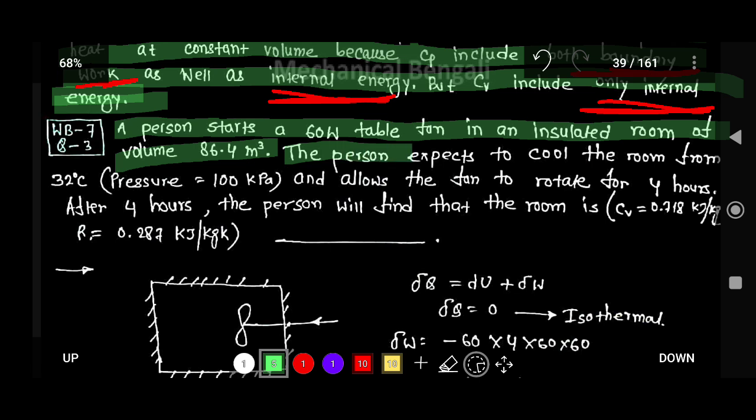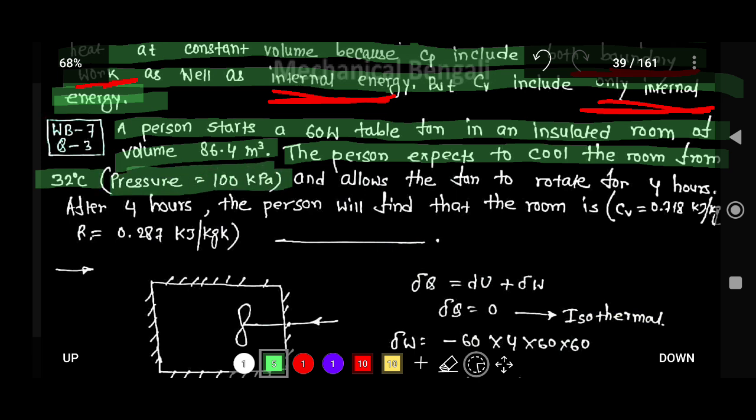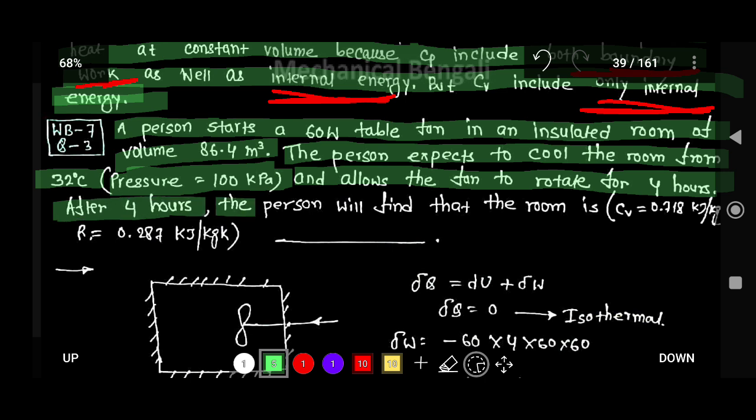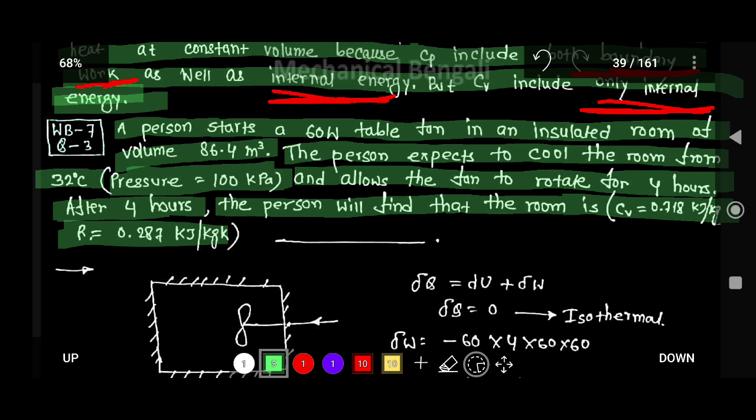The person expects to cool the room from 32 degrees Celsius, and the pressure is 100 kilopascal, and allows the fan to rotate for 4 hours. After 4 hours, the person will find the room is... here Cv is given, that is 0.718 kilojoule per kg Kelvin, and the R value is 0.287 kilojoule per kg Kelvin. R is also given.